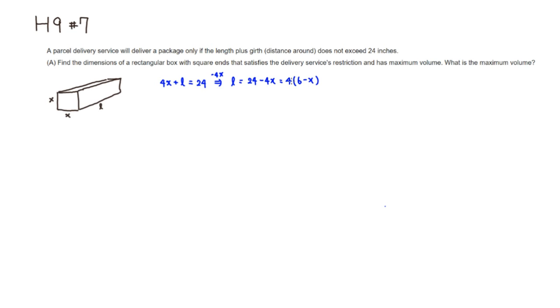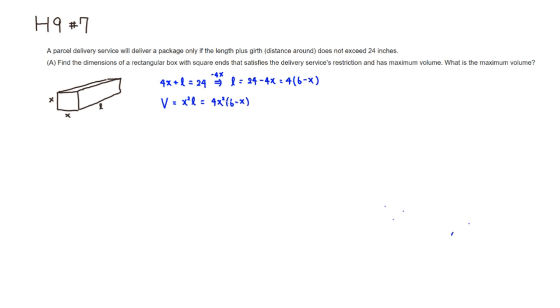And the volume, let's call it V, is equal to x squared times L. So we can just plug in 4 times the quantity 6 minus x for L. So you have a 4, there's an x squared, and then you have 6 minus x. Alright, we got that.